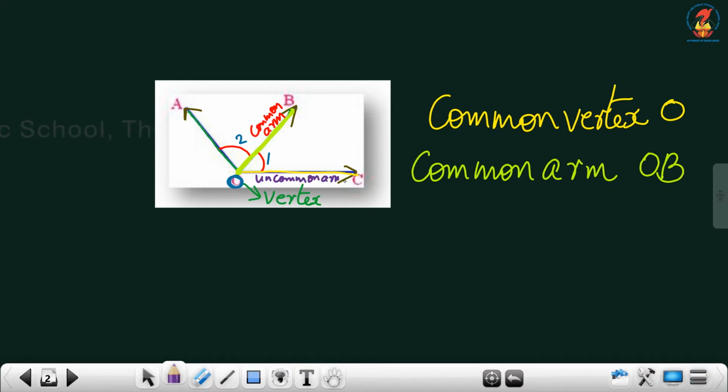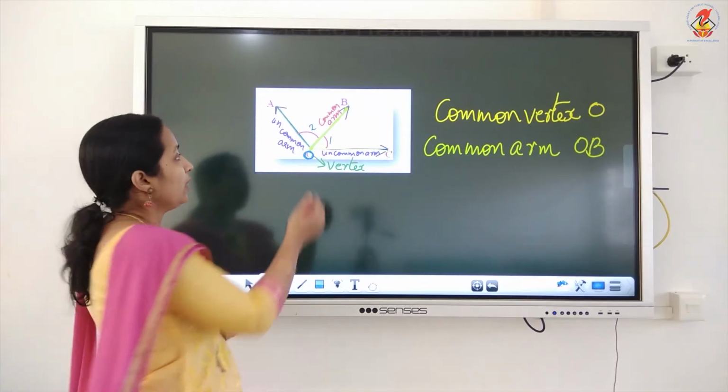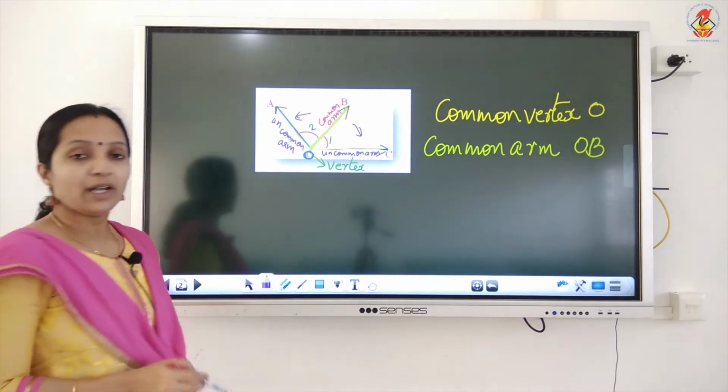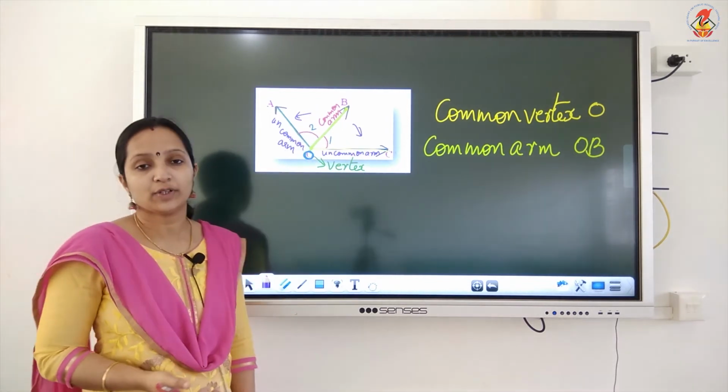This is also an uncommon arm, okay? So, in this figure, you can see two uncommon arms are there, and the common arm OB is common to angle 1 and angle 2. The uncommon arms are on either side of the common arm. One is on this side and one is on this side.